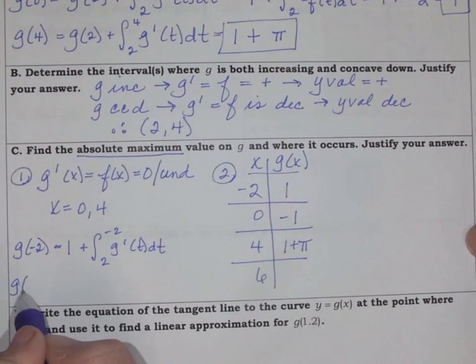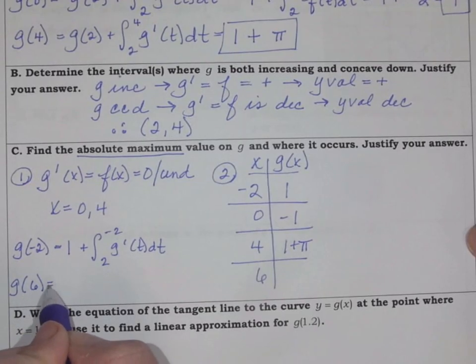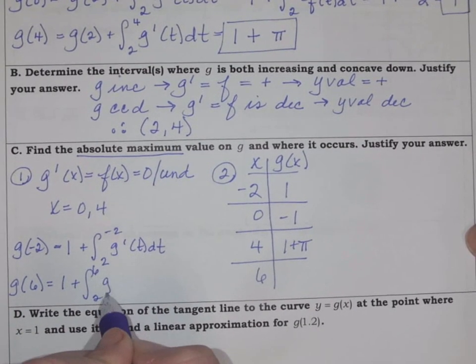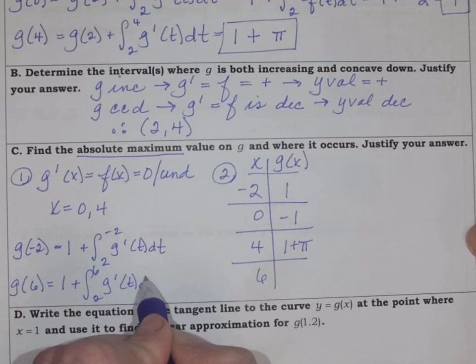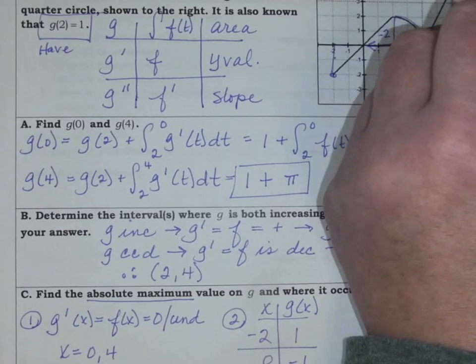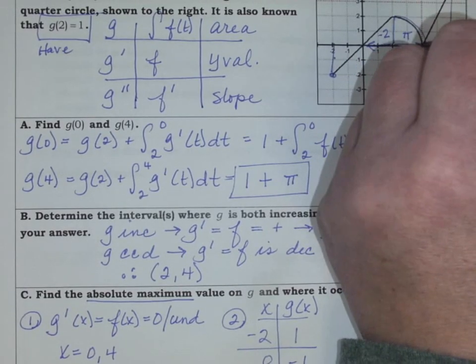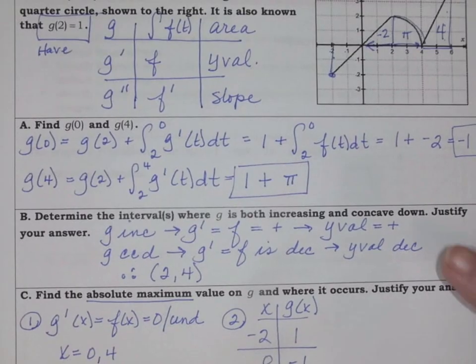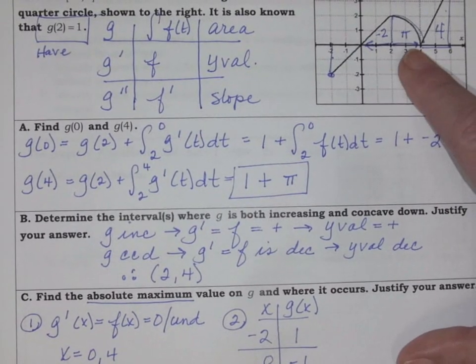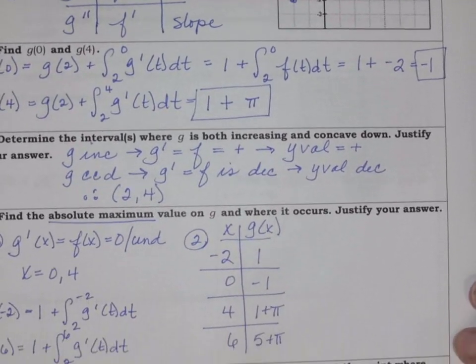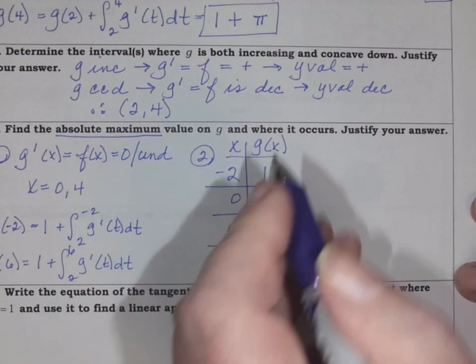And then g of 6 is going to be 1 plus the integral from 2 to 6 of g prime of t dt. We said this piece was pi. This piece right here, 1, 2, 3, is 4. So we're going to have 1 plus pi plus 4. So that's going to be 5 plus pi.